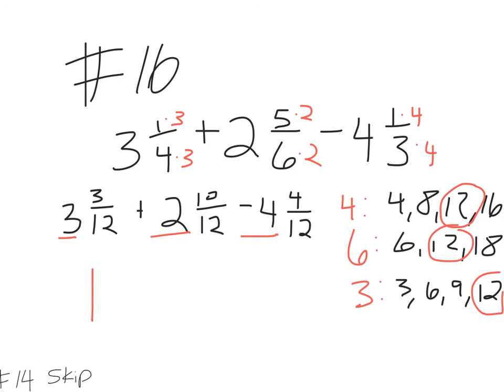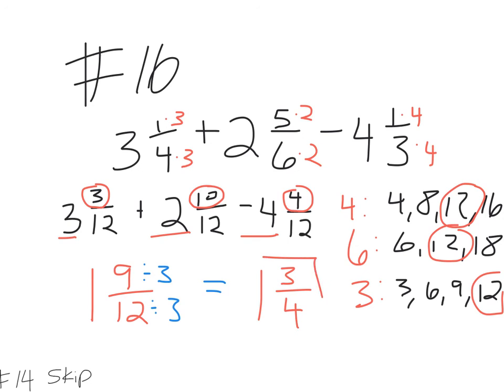So I've got 1. Then with my fractions, 3 out of 12 plus 10 out of 12, that's 13. Minus 4 is 9. So 1 and 9 out of 12, which I can simplify here by 3, is going to equal 1 and 3/4.